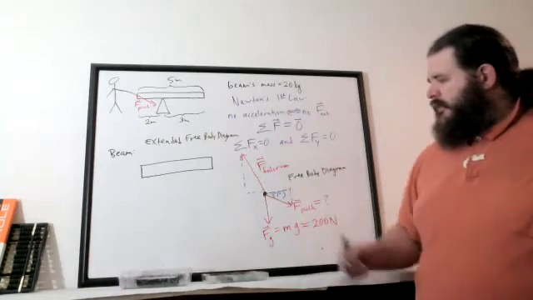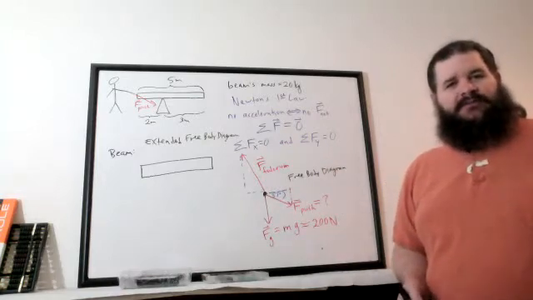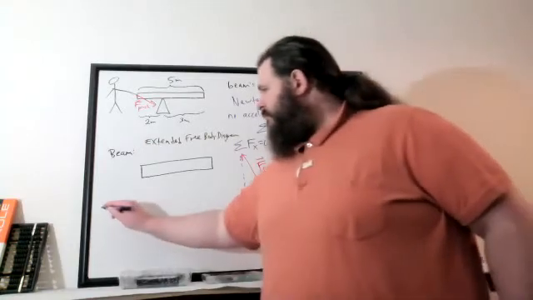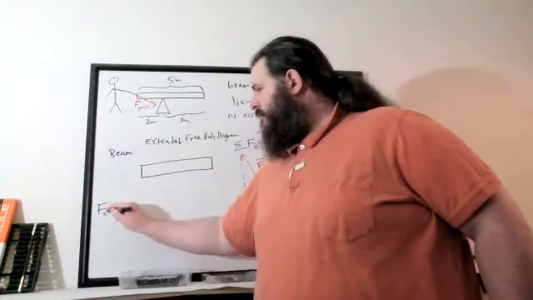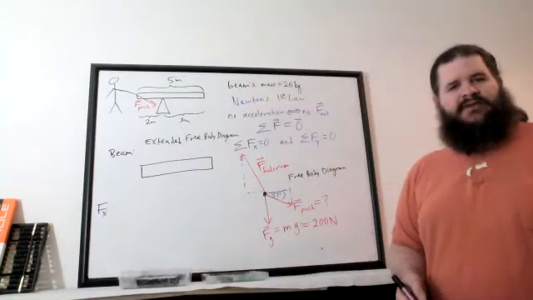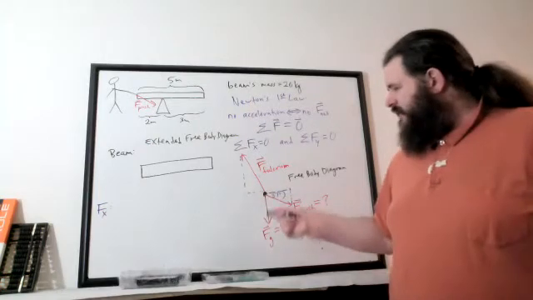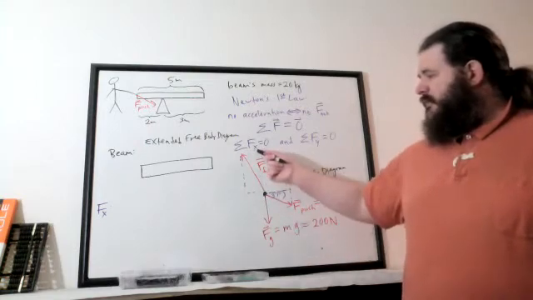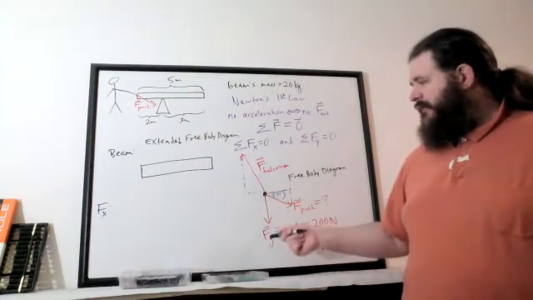For example, x components. What forces have x components at all? Do any of these forces have x components? Yeah, Fg does not have an x component. It's purely in the y direction. So if we're looking at just x components, we could ignore the force of gravity.